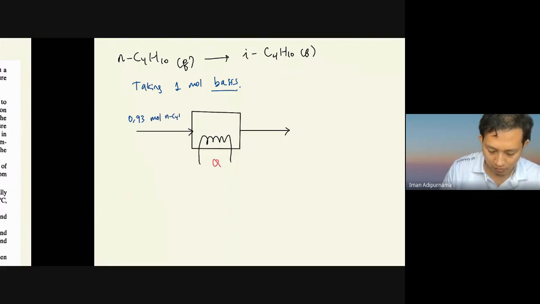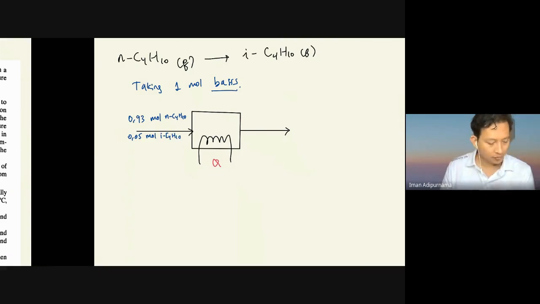And then 5% isobutane from here. The feed to the reactor contains 93% butane, 5% isobutane, and 2% HCl.